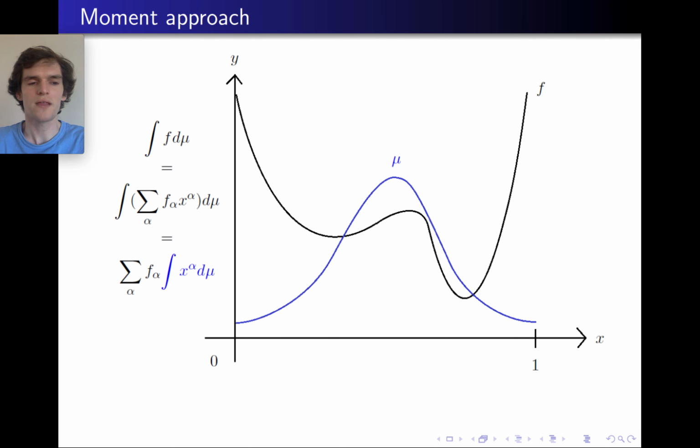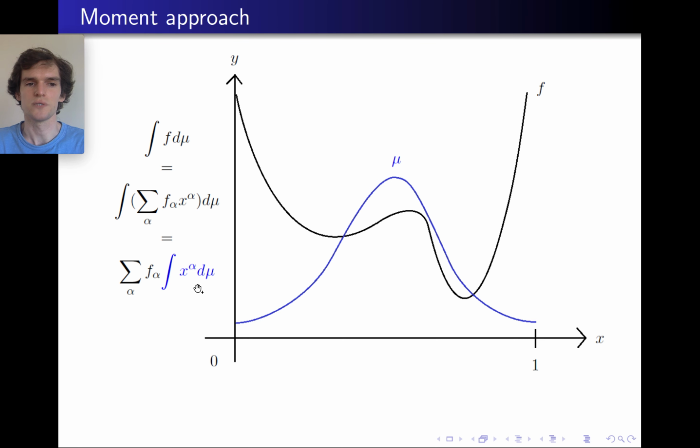The way that you can do that, and this is the moment approach, is if you assume that all the functions, the polynomial and the constraints, are polynomials. Then you can express the integration with respect to mu of the objective: f is a polynomial, so you can swap the integration and the summation, and you get this expression.